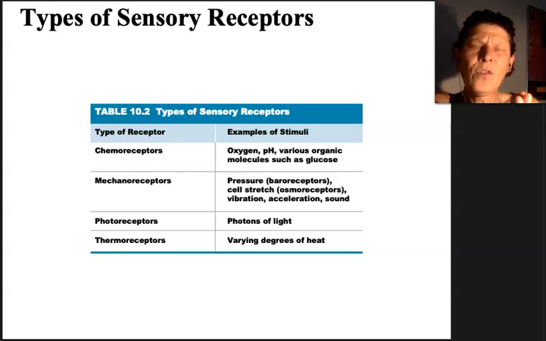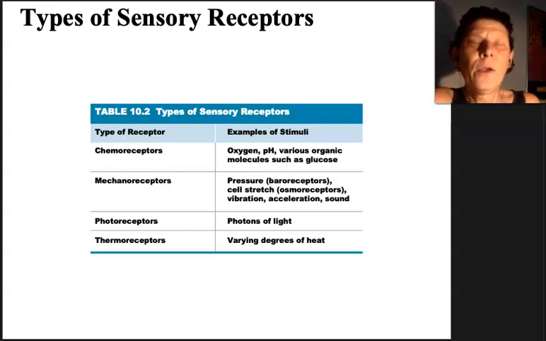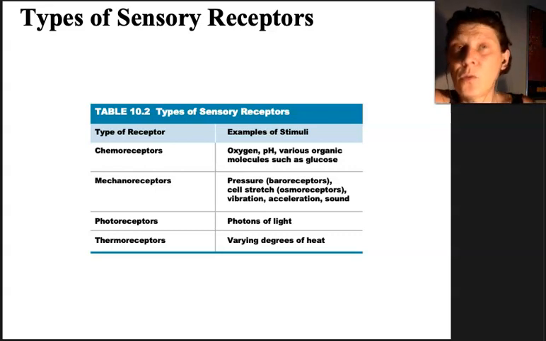There are some accessory structures that enhance the sensory system. For example, the somatosensory receptors, the receptors that are about your skin and spatial mapping to the brain. We have four major groups that you can see here in table 10.2. You have chemoreceptors that respond to chemicals, whether it's oxygen, pH, or organic molecules, such as glucose.